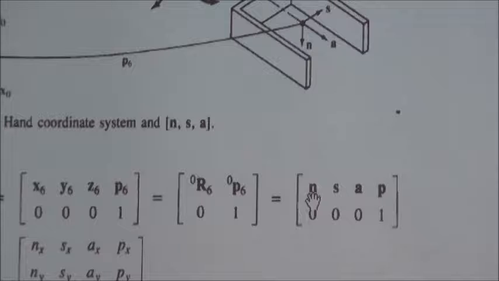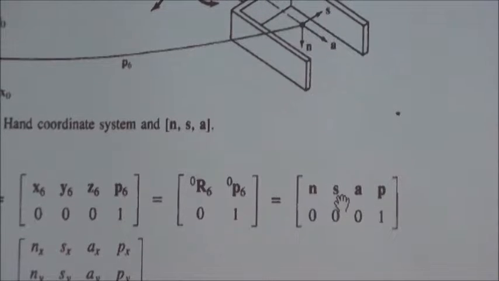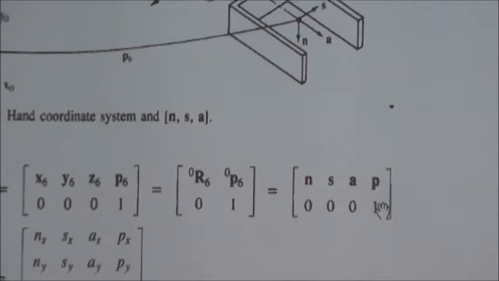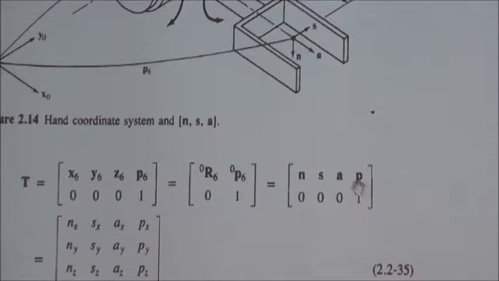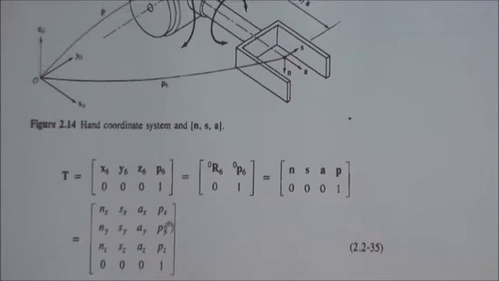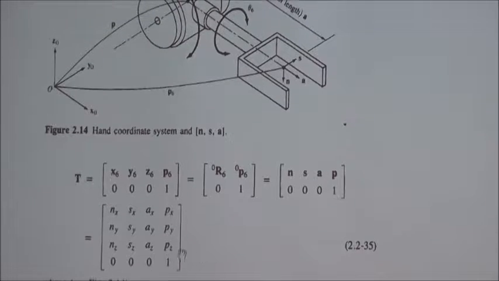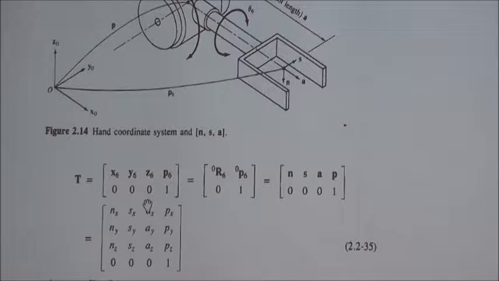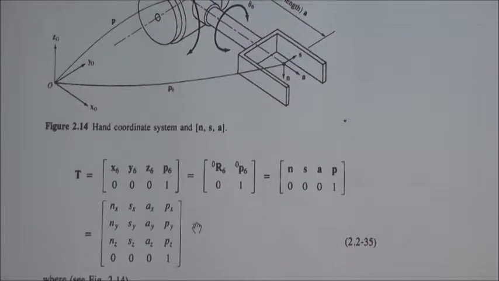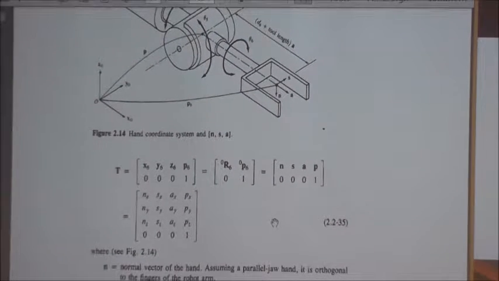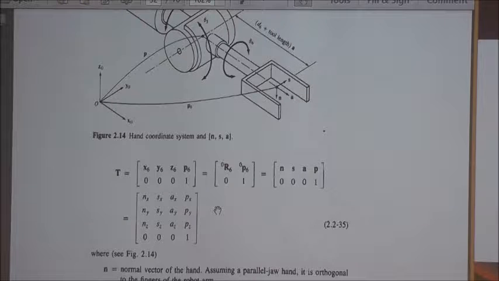You have a three-dimensional vector N, S, and A for these three, and then you have a three-dimensional P, which corresponds to the X, Y, and Z coordinates of the location of the end effector in three-dimensional space. So N, S, and A give you the rotation, and this point right here has the coordinates Px, Py, Pz.